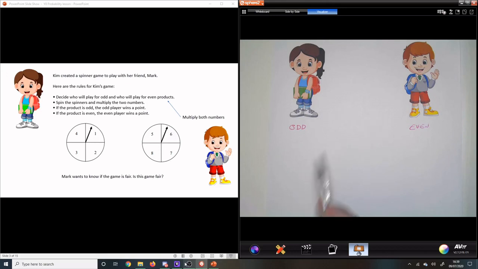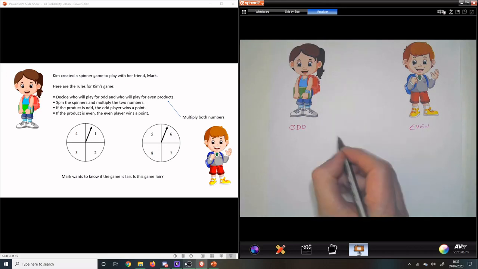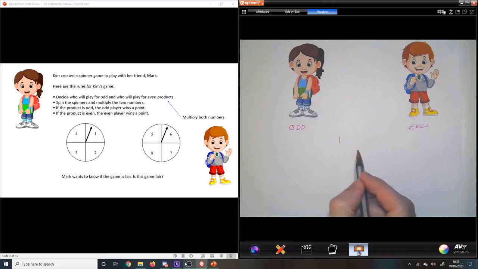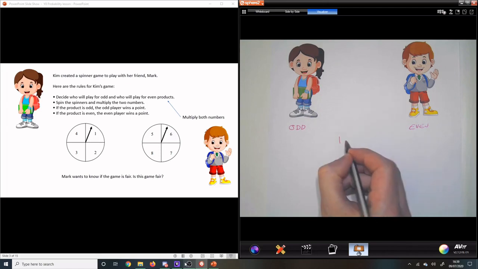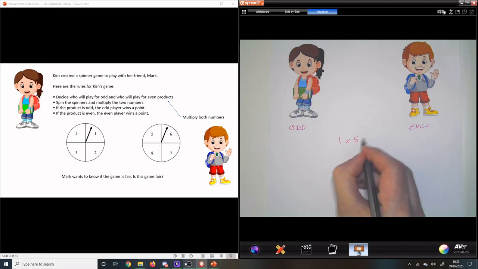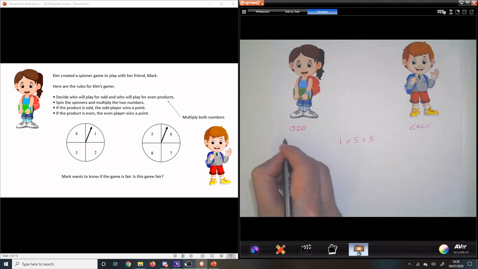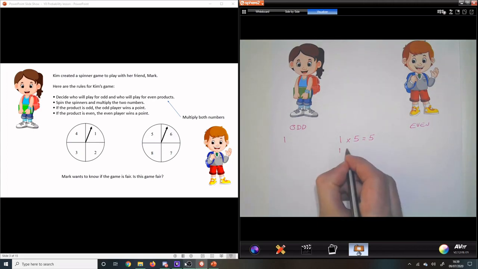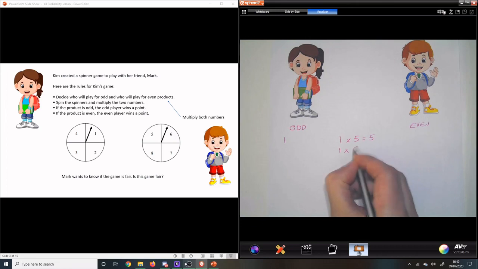So the first thing you could get on the first spinner is a 1. And then we're going to times that by the logical first thing on the second spinner. We're going to go in order, so I'm going to say 5. So 1 times 5 is 5. That's odd, so we're going to put a tally for Kim. The next thing that could happen is you could do 1 times 6, which is 6.